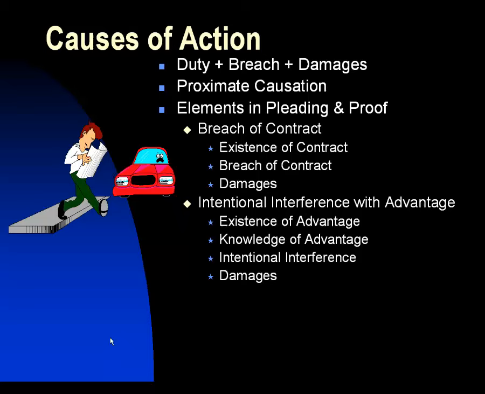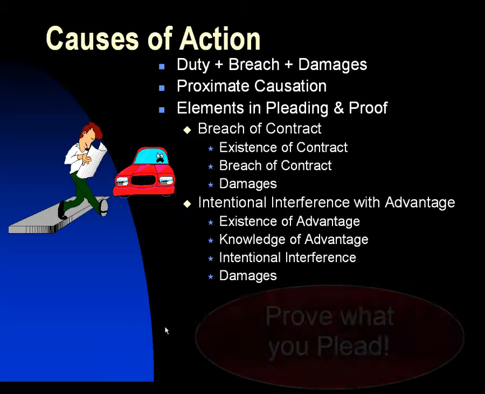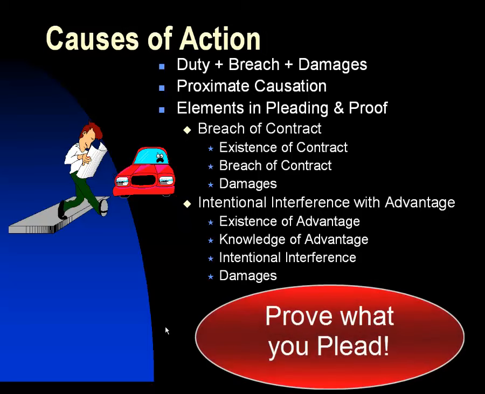These are the four essential elements of the cause of action known as intentional interference with an advantage, or intentional interference with an advantageous business relationship, depending on what they call it in your state. There are the four elements that have to be pleaded, and they have to be proven.